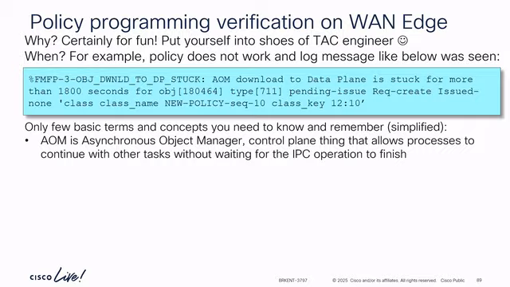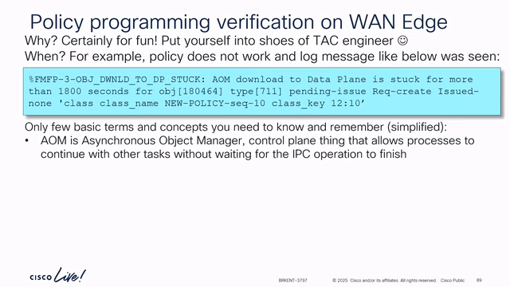What is AOM? AOM is the asynchronous object manager, a control plane component which helps us continue processing and doing other tasks while trying to install objects into different data structures. We don't need to wait for inter-process communication to finish before continuing with other tasks.